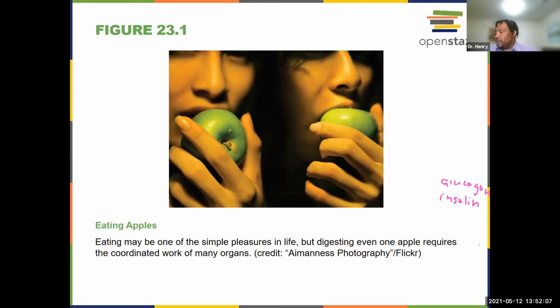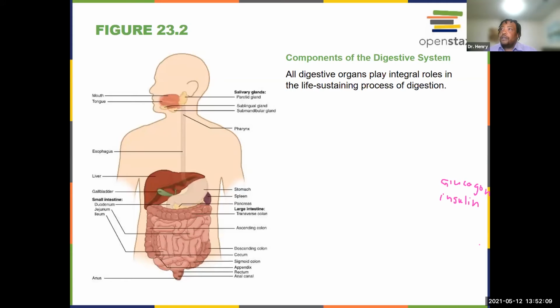Okay, so these are the components of the digestive system. Again, we're not going to get too much into the anatomical structures, but you need to be familiar with where things start. It starts in our mouth. We go through our pharynx, through our esophagus, and down to our stomach.